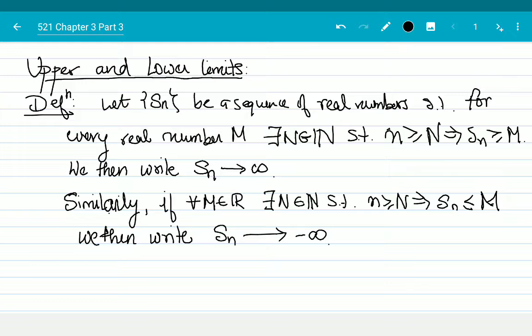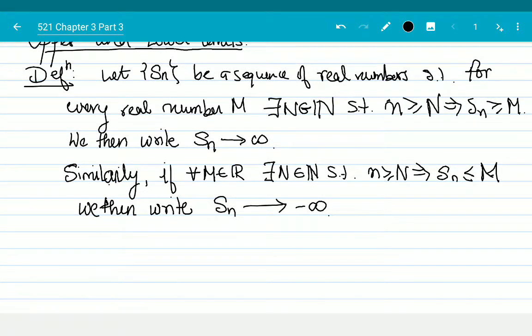Okay, so some people say converges to positive infinity, converges to negative infinity. Some say diverges to negative infinity, diverges to positive infinity. Either of them is fine. We will still stick to the notation that the sequence is convergent only if it's finite. That is why I am saying these sequences are diverging to negative and positive infinity.